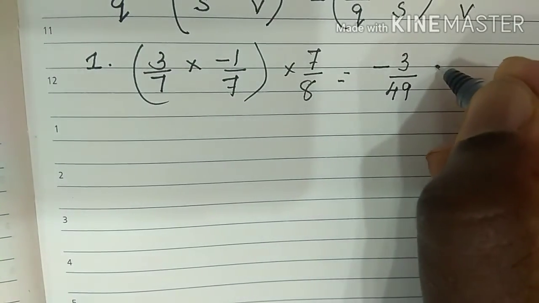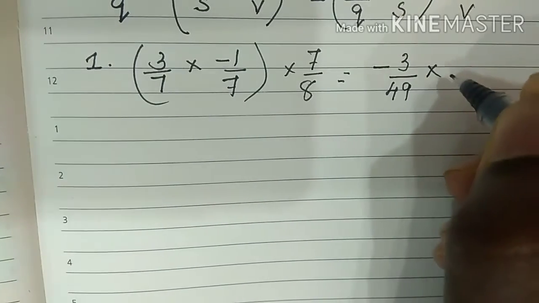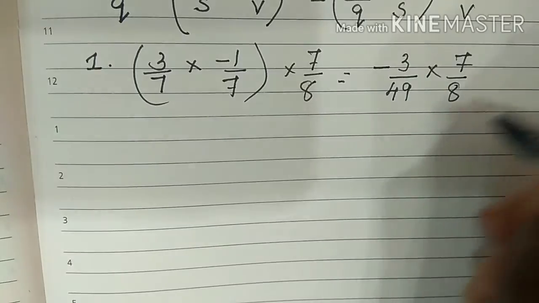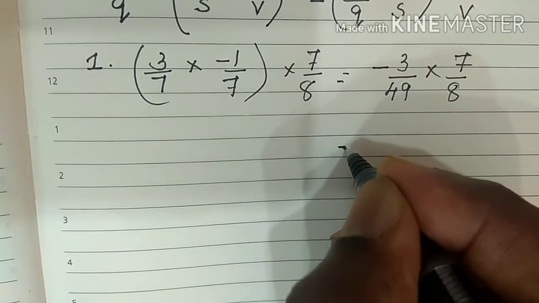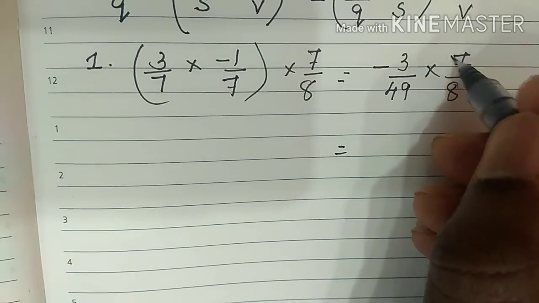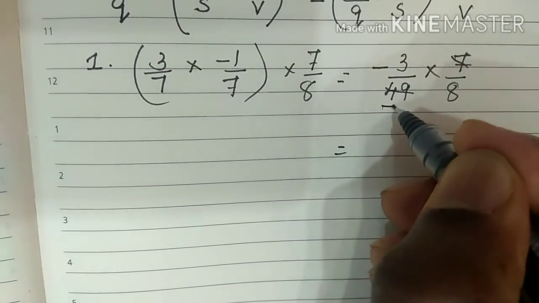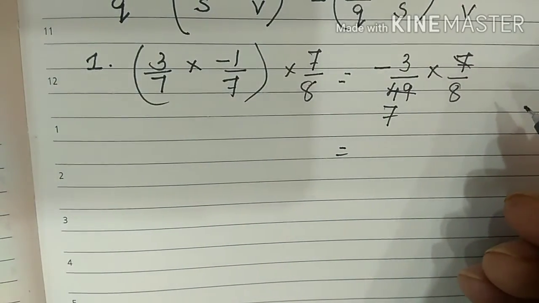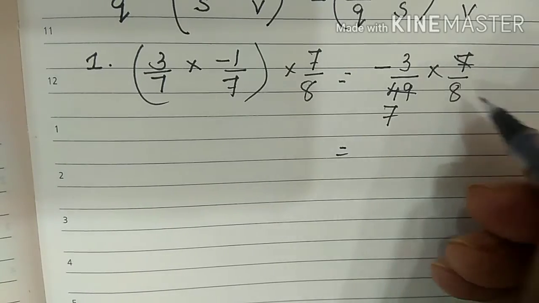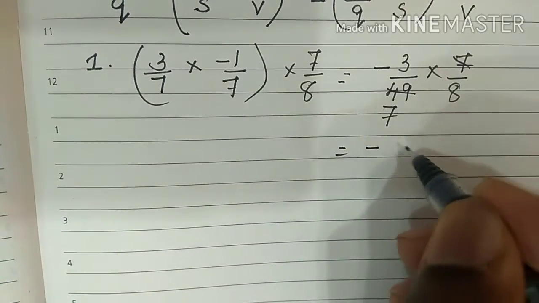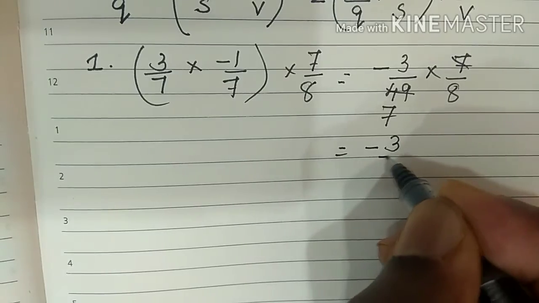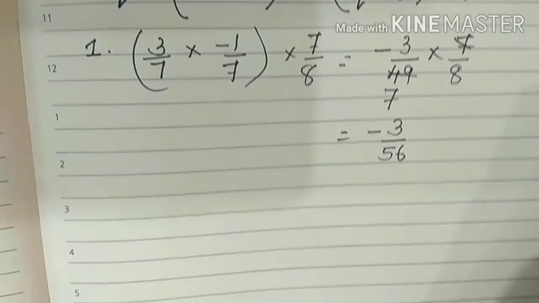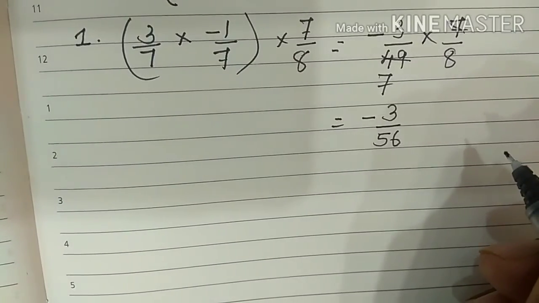This is to be multiplied with 7 by 8. Okay, so here we can do a little bit of cancellation. This is 7, so 7 sevens are 49, nothing more to cancel. So let's write the final answer, minus 3 by 56. Now this is the final answer, minus 3 by 56.